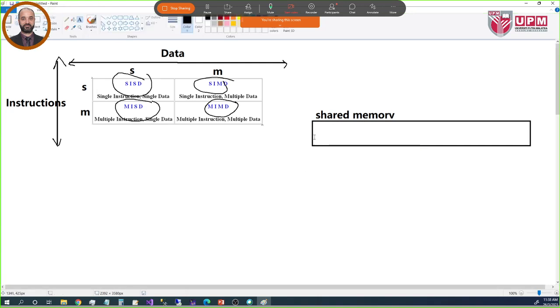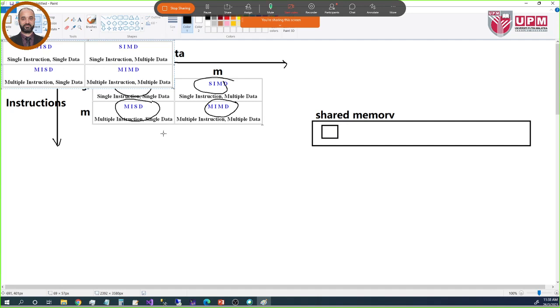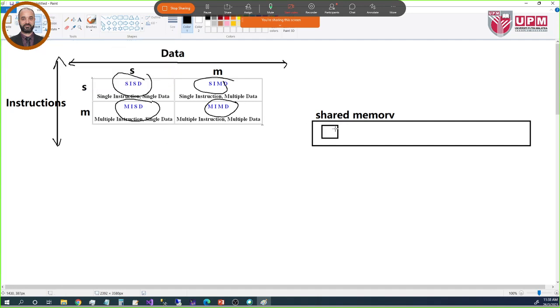Okay, then here inside, what we have is this thing. Let us copy this to keep the same size. Okay, then we have this and that.